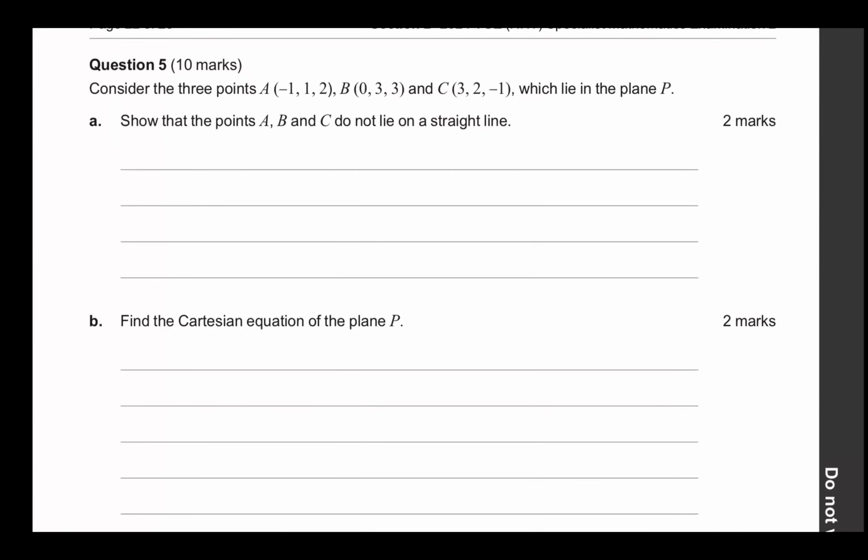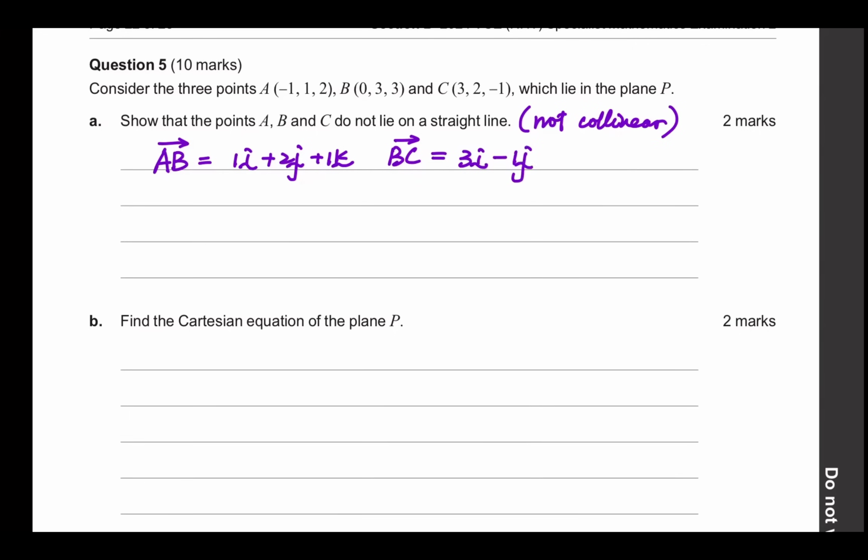Okay, question 5, 3 points A, B, C. Show that A, B, C do not lie on a straight line. That is, not collinear. There are thousands of methods. I will demonstrate one. Firstly, I'll get AB equals 1i, 0 minus 1, 3 minus 1 plus 2j, 3 minus 2 is plus 1k. And BC, for example, is 3i minus 1j minus 1 take 3 minus 4k.